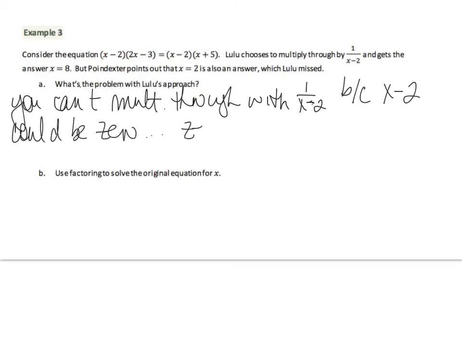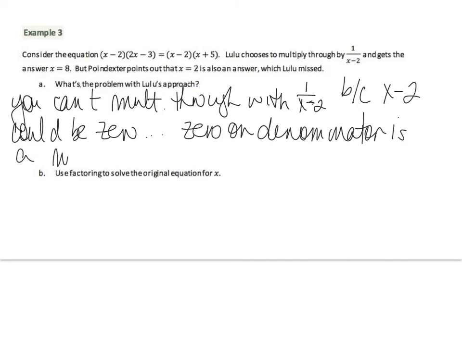And 0 on the denominator is a no-no. We're not allowed to divide by 0. If x minus 2 is in the denominator and you actually had x equal to 2, 2 minus 2 is 0, and 0 in the denominator isn't possible. We can't divide by 0, so we can't do that.